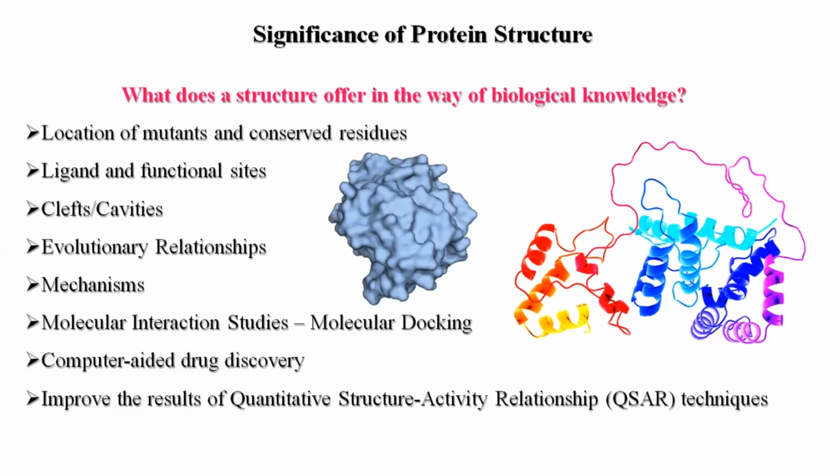Then in QSAR studies, we have 2D QSAR and 3D QSAR, quantitative structure activity relationship studies. In these, structure plays a major role. So in all these cases, we need the structure that represents the protein of interest in our studies. So protein structure is significant, and we are supposed to go for defining the structure.